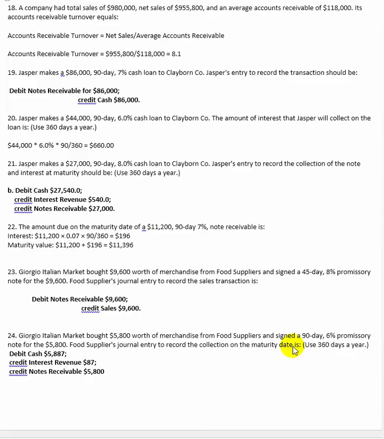Well, on the maturity date, we're going to get the principal and the interest back. So the principal is going to be $1,500 because that's how much they borrowed, and the interest is going to be $22.50, which is a separate calculation. It's 90 days times 6% times the $1,500, and the sum of these two we're going to get back in cash, which is $1,522.50.